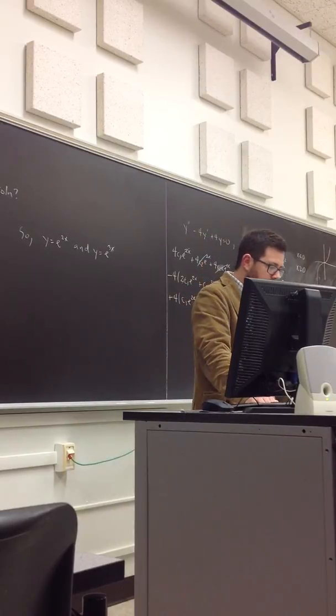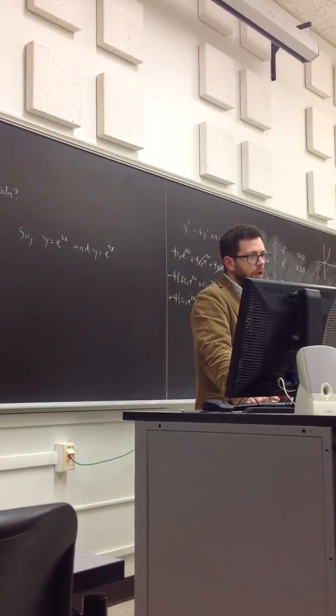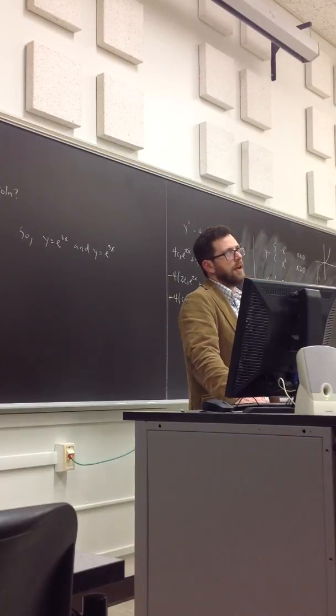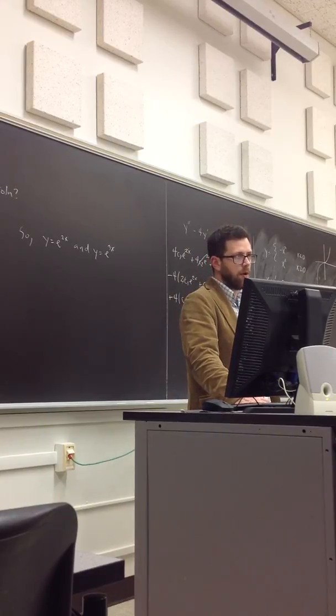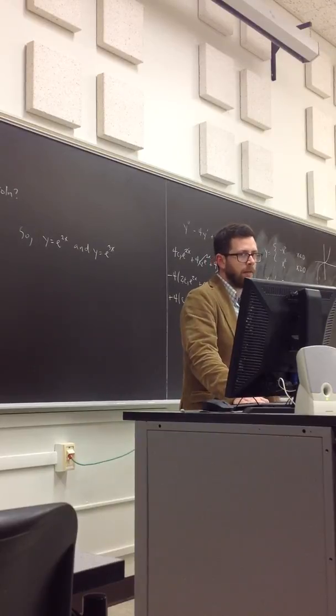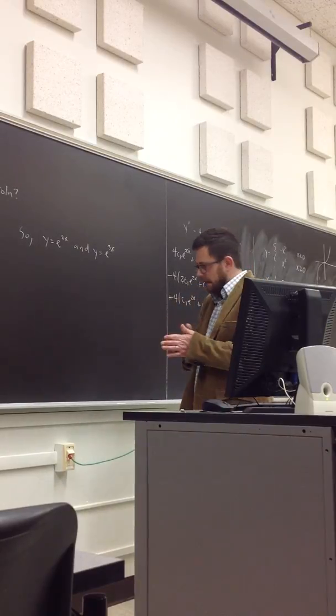So it turns out that whatever the order of the differential equation is, so the highest derivative that you see, the most general solution should contain that many parameters. Okay? So if the highest derivative that you see is 7, then you should have 7 arbitrary constants. That would be the most general solution. Okay? So that's interesting for mathematicians.